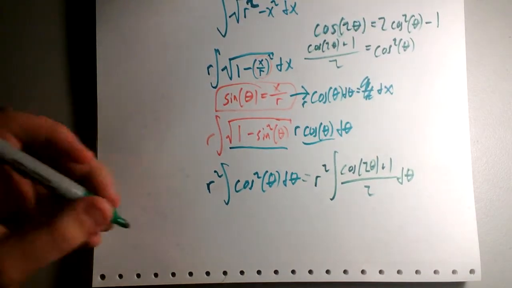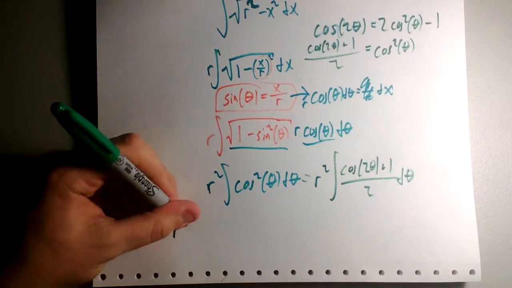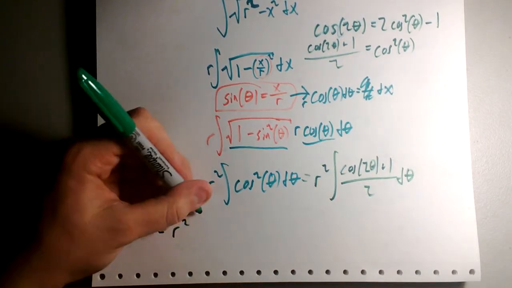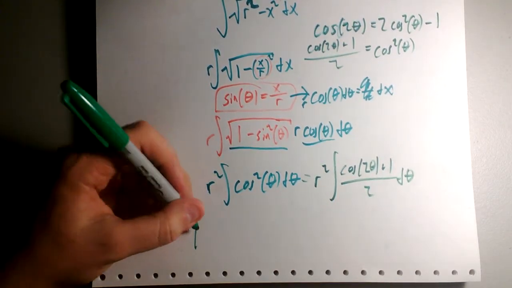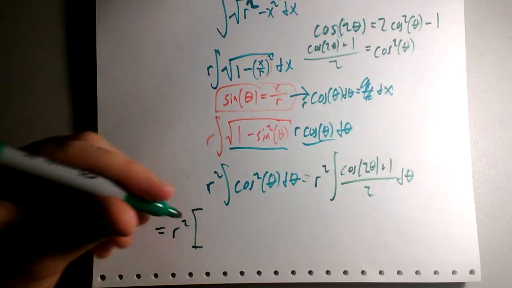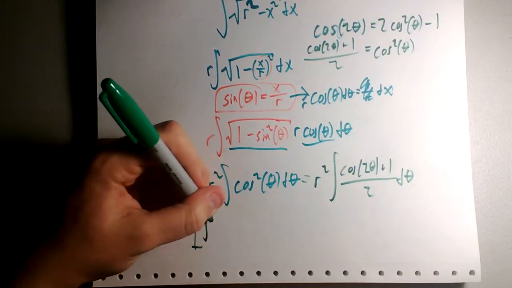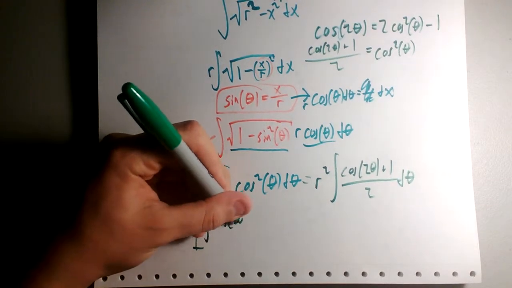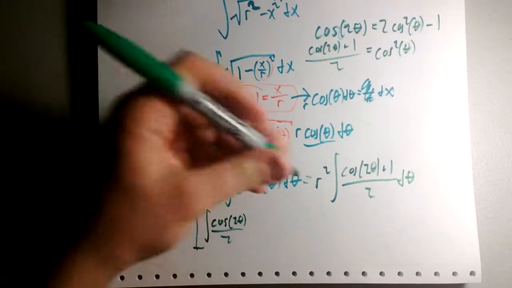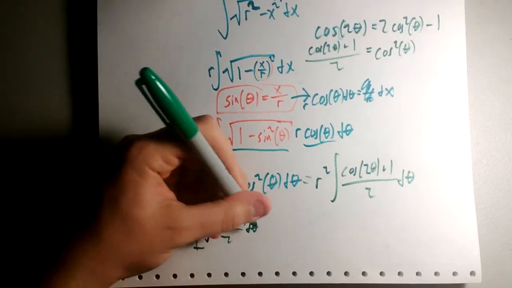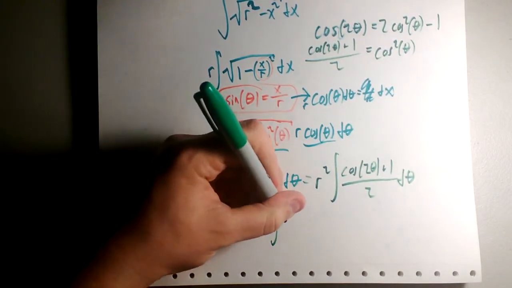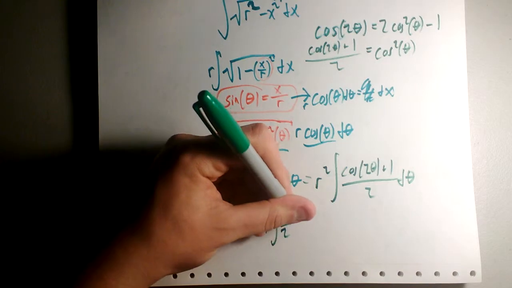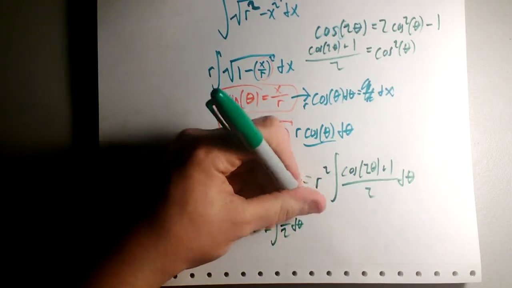We get, ready for this, r squared, a giant bracket, because we have an integral of cosine 2 theta divided by 2, and we have a separate integral of 1/2 d theta.